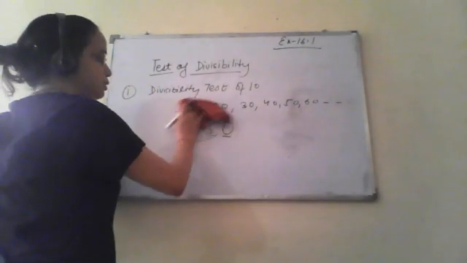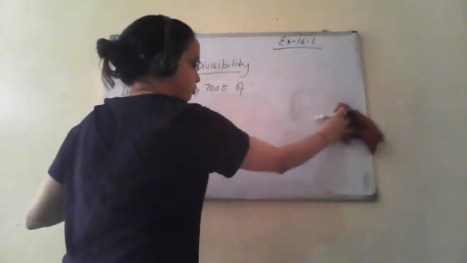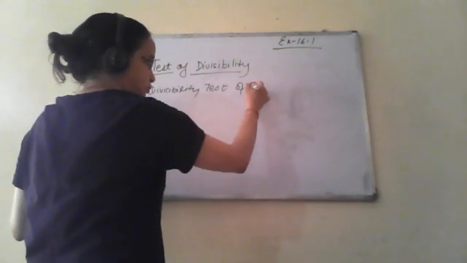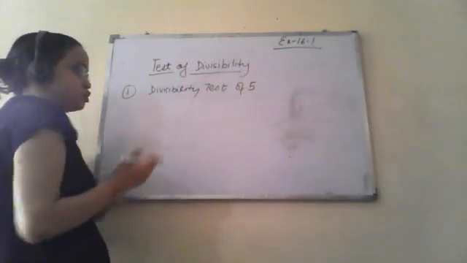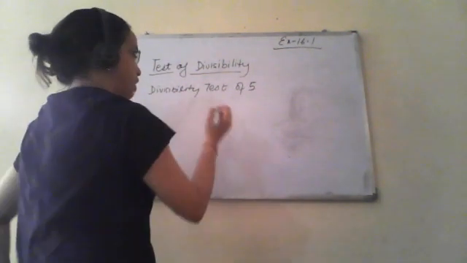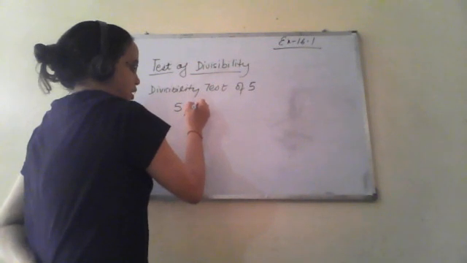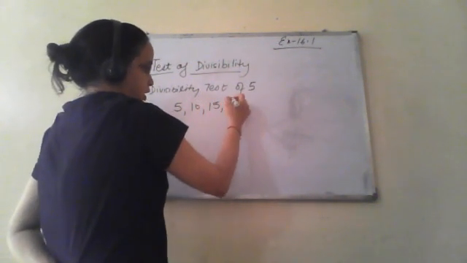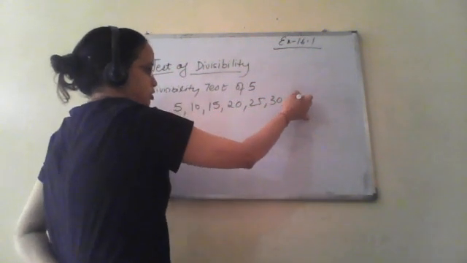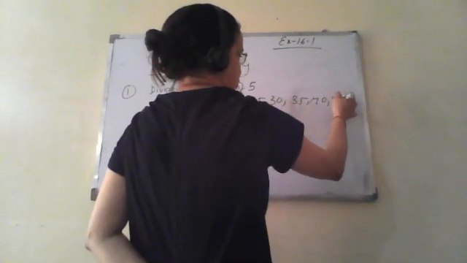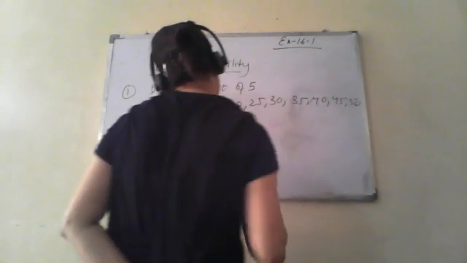Now similarly, the divisibility test of 5. If we check the multiples of 5, they are 5, 10, 15, 20, 25, 30, 35, 40, 45, 50, and so on.